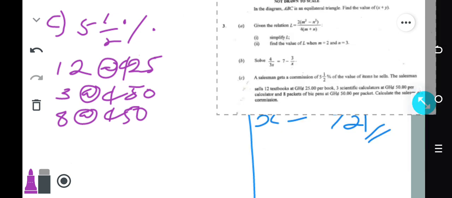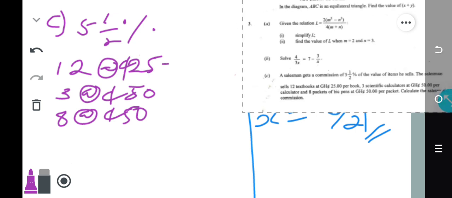And so 12 times 25 will give us 300 cedis, and then 3 times 50 will give us 150 cedis, and then 8 times 50 will give us 400 cedis.